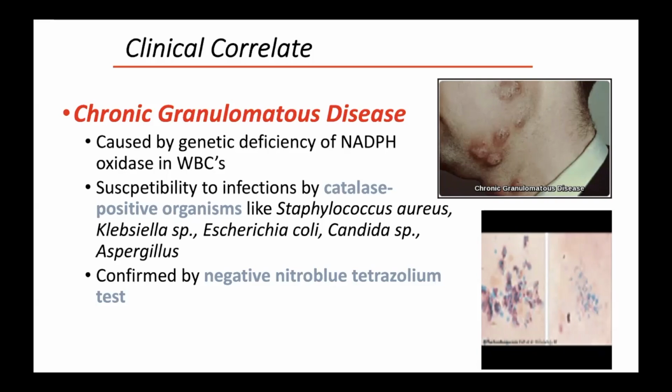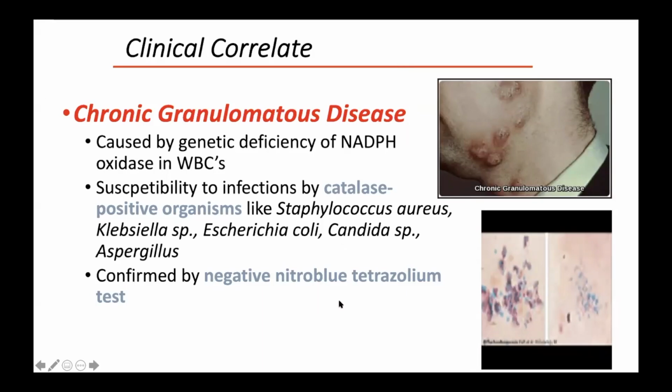You are correct: NADPH oxidase, which we see in the leukocytes or WBCs. As a result of deficient NADPH oxidase, remember antimicrobial activity in the neutrophils, the polymorphonuclears, you are now prone or susceptible to catalase positive organisms. You are prone to pyogenic infections.